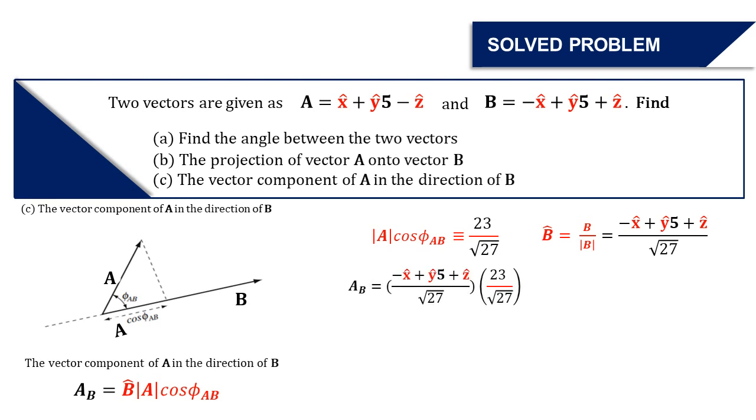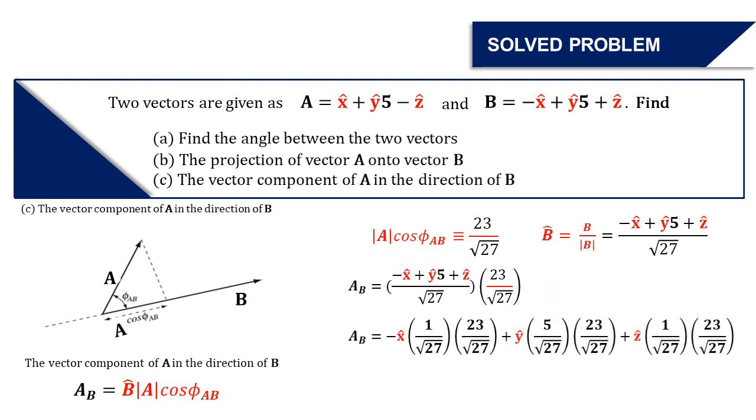To get the vector component of A in the direction of B, we multiply the 23 over the square root of 27 by our B hat. So, this is what it looks like. Okay. Now we just distribute this 23 over the square root of 27 to each term, multiplying it by the coefficients of each term.